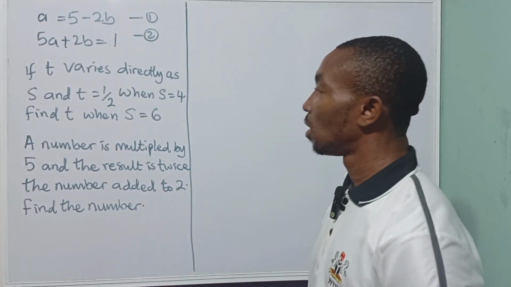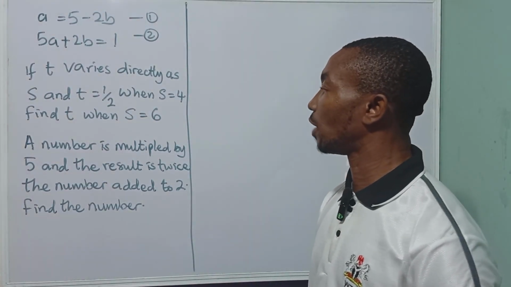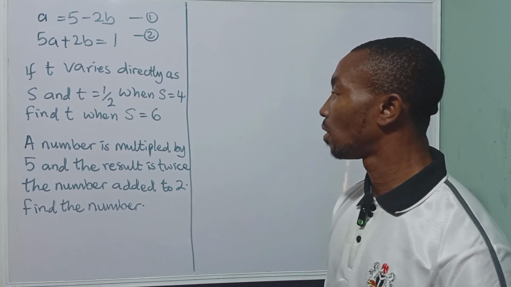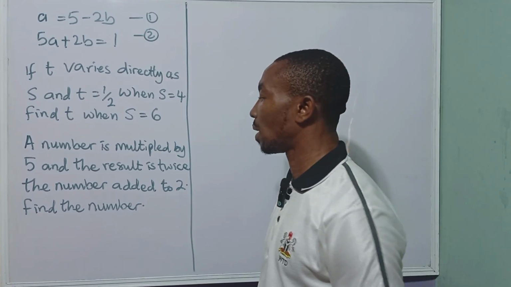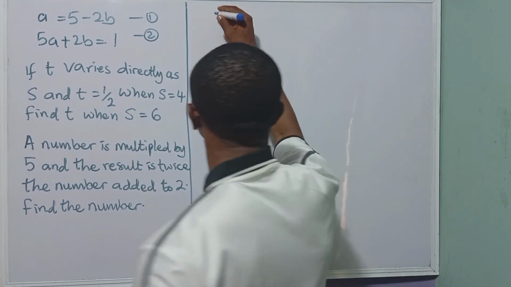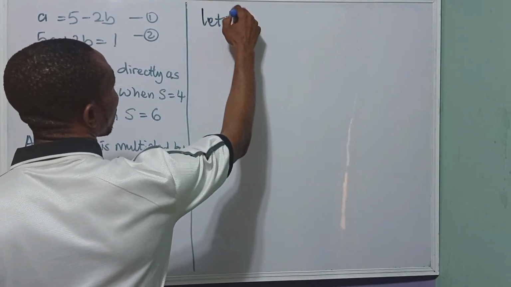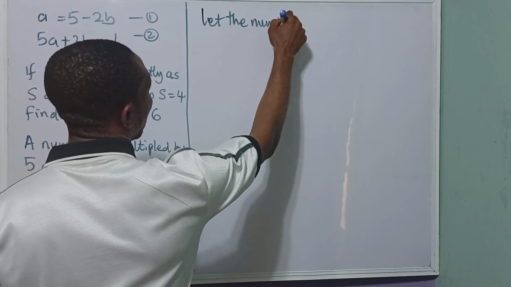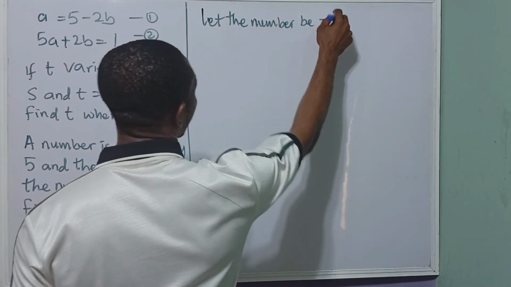Alright guys, on to our next question. It says, a number is multiplied by 5 and the result is twice the number added to 2. Find the number. Now, we'll start with, let the number be b.